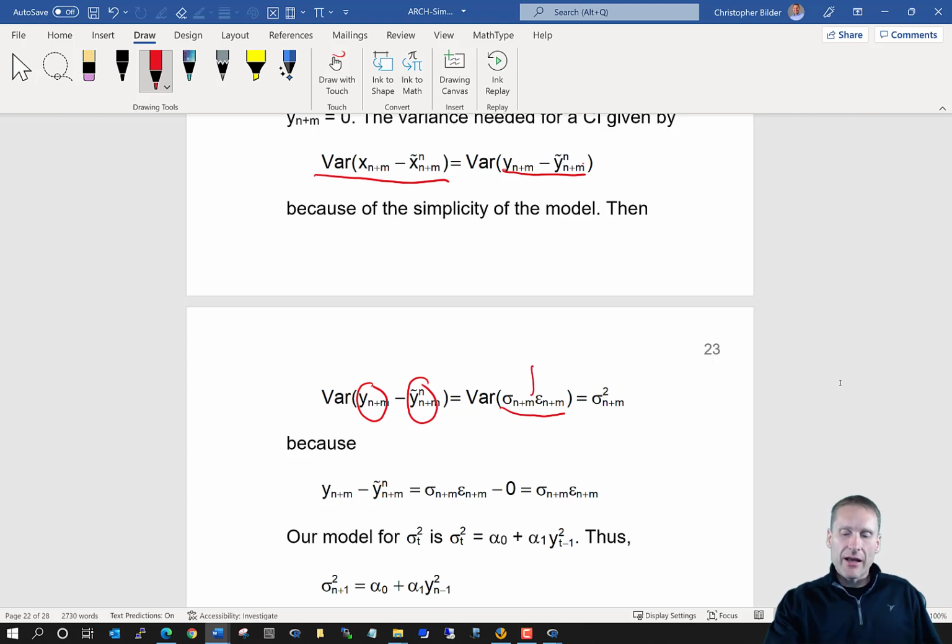Again, this m has nothing to do with the order of the ARCH model. It's unfortunately redundant notation, where in the forecasting section the m always corresponded to the number of time points ahead. What is this corresponding variance? This epsilon has a variance of 1. If I factor out that sigma, I get sigma squared sub n plus m.